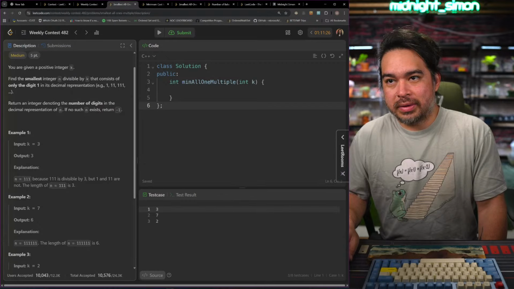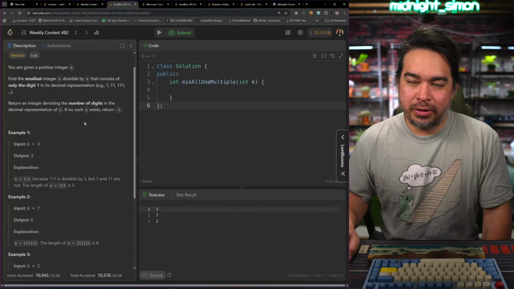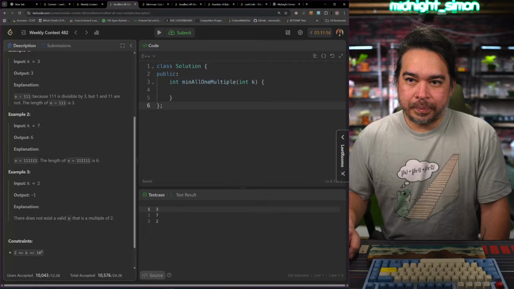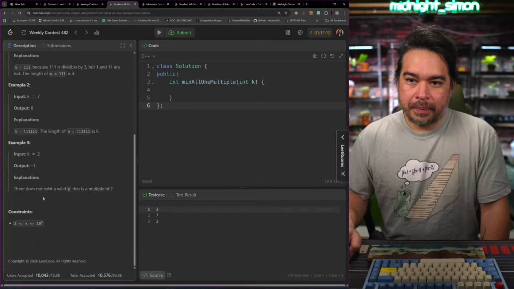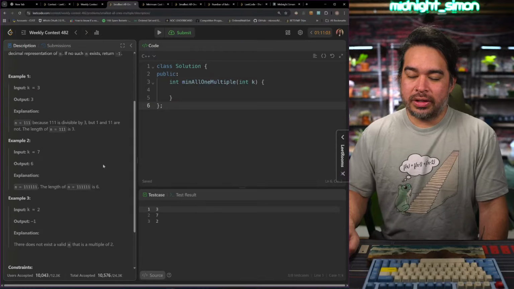So I guess the number could be very large that doesn't fit in an integer or even in a 64-bit integer, a long. So if k is like some crazy number, how did, Jesus?